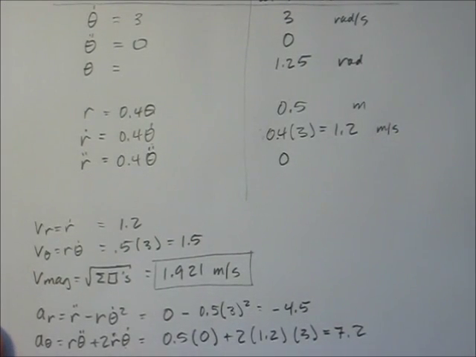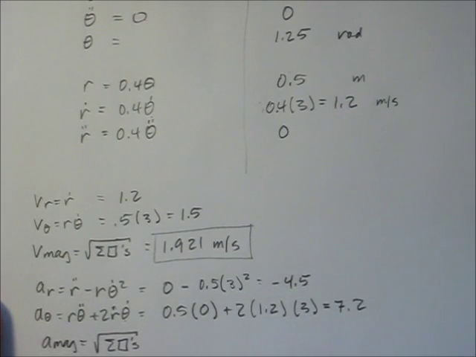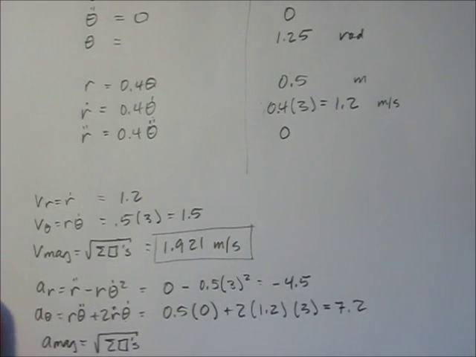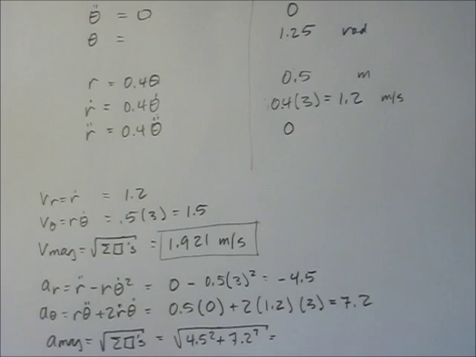All right, so getting all those values there, then taking the square root of the sum of the squares, that's pretty easy. Did I calculate that? I didn't calculate that. So let me just do it right now. Square root of 4.5 squared plus 7.2 squared.